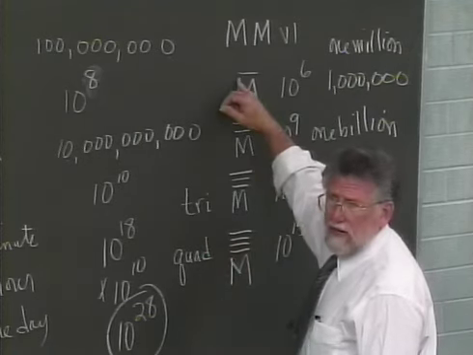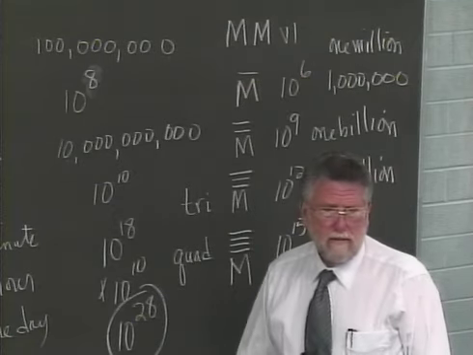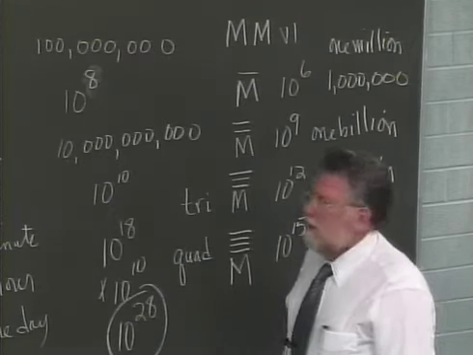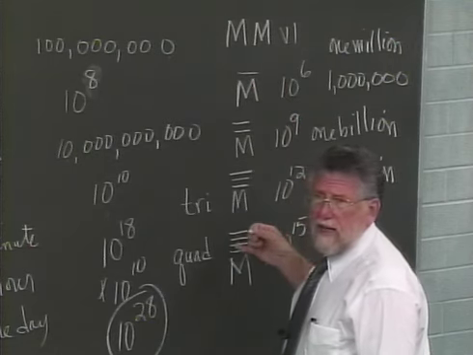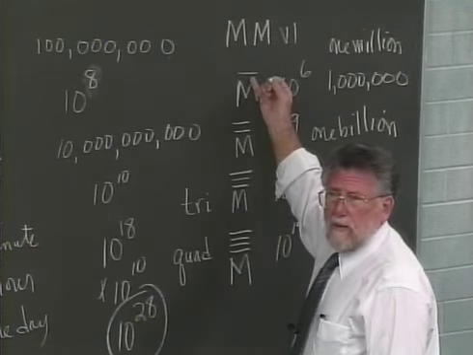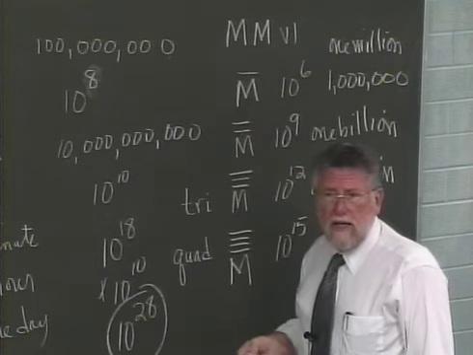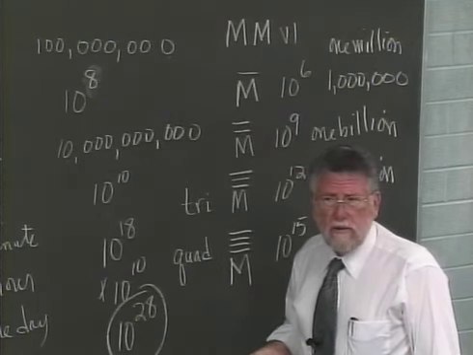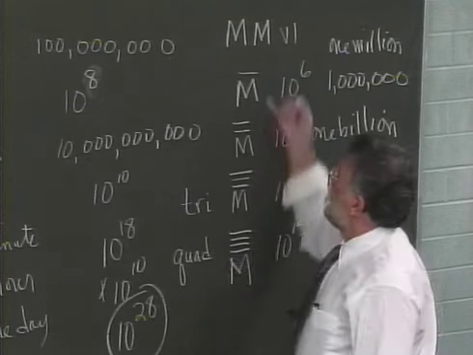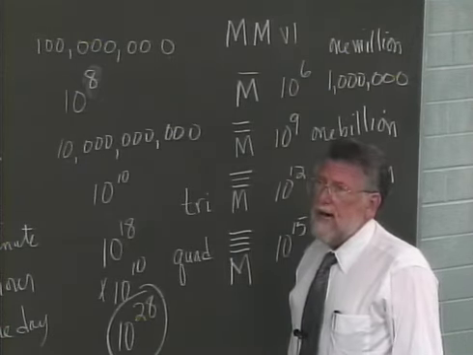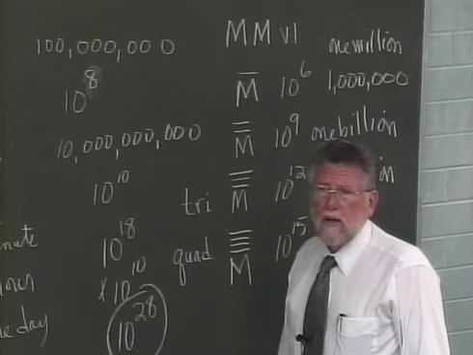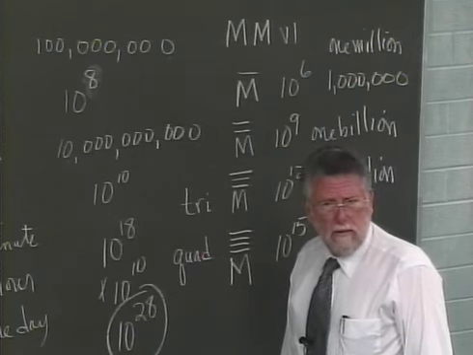Now, a monocycle, million. Okay, a monoped. So the idea is 1 bar, 2 bars, 3 bars, just count your bars. And each bar adds what? 3 more zeros after the original 1,000. So M is 1,000. A bar over it means add 3 more zeros. If you can do that, you can name any large number without trouble.